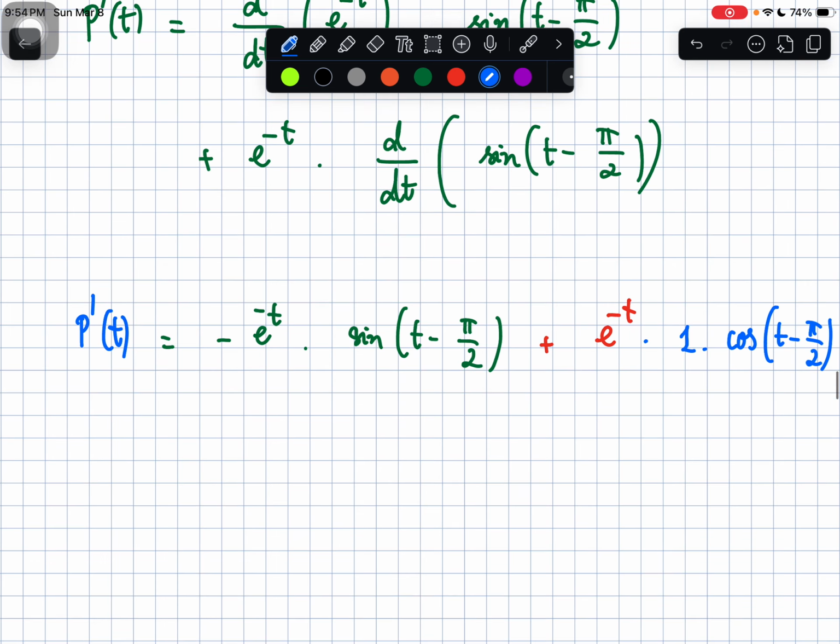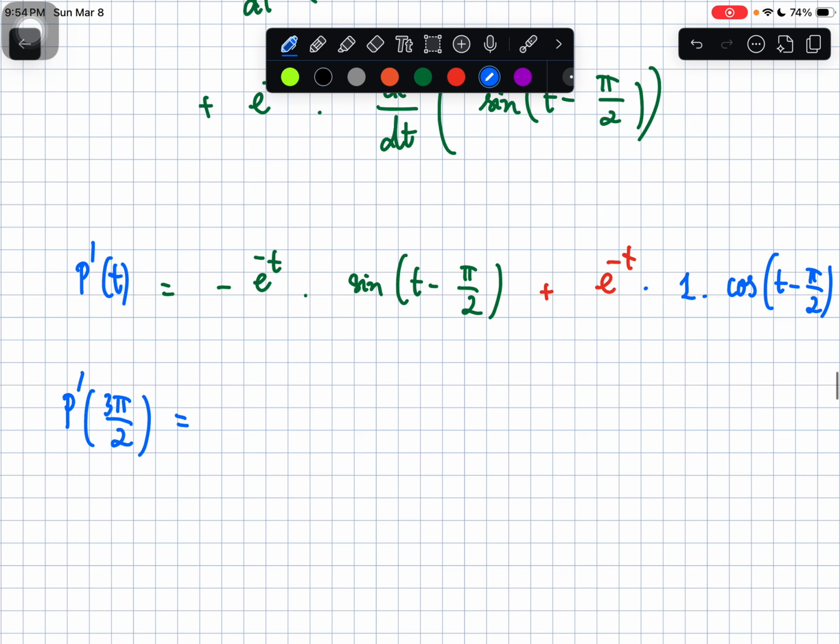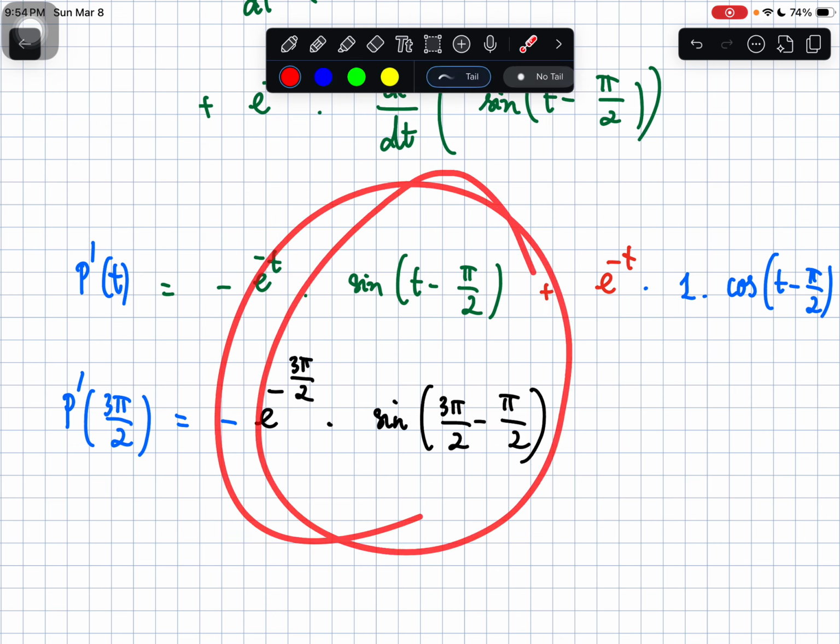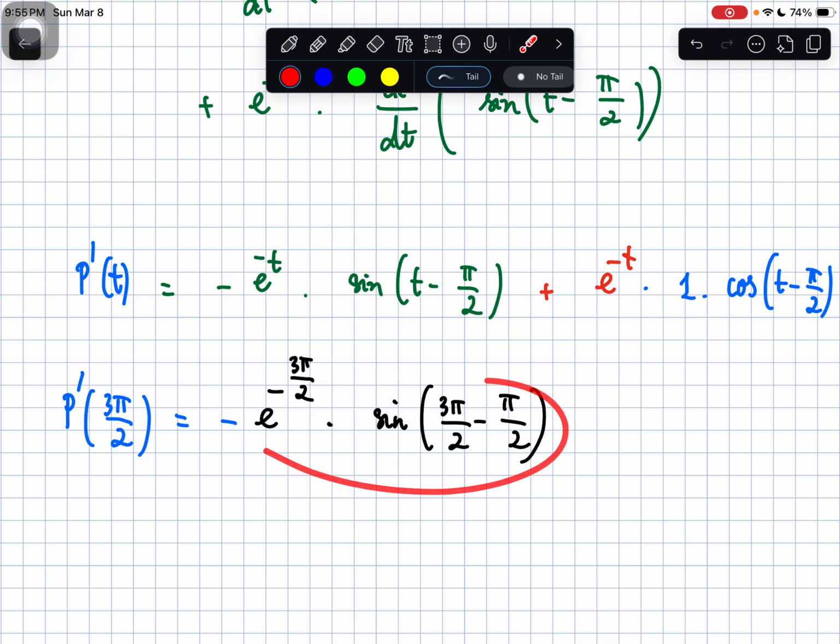And we need to compute p prime at 3 pi over 2, and then compute the absolute value of that. Minus e to the minus 3 pi over 2 times sine of 3 pi over 2 minus pi over 2. This term is sine of pi, so this term is 0.